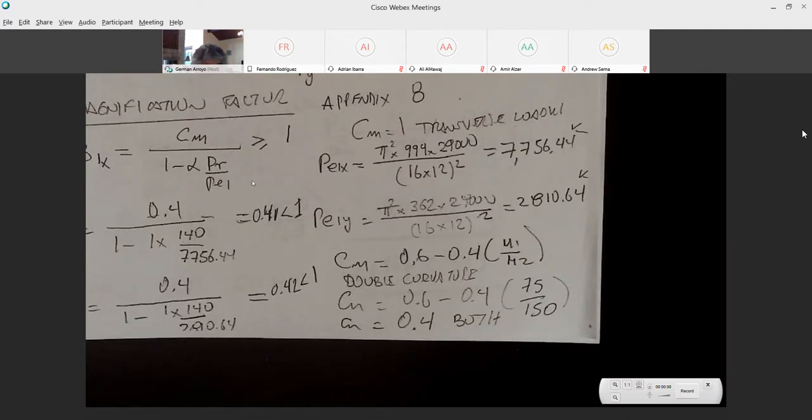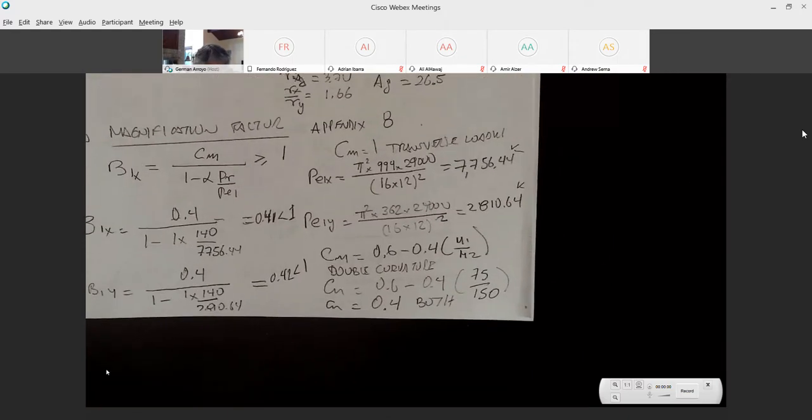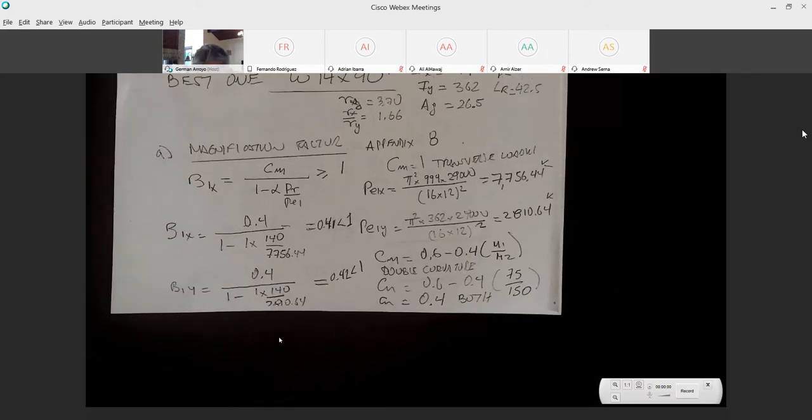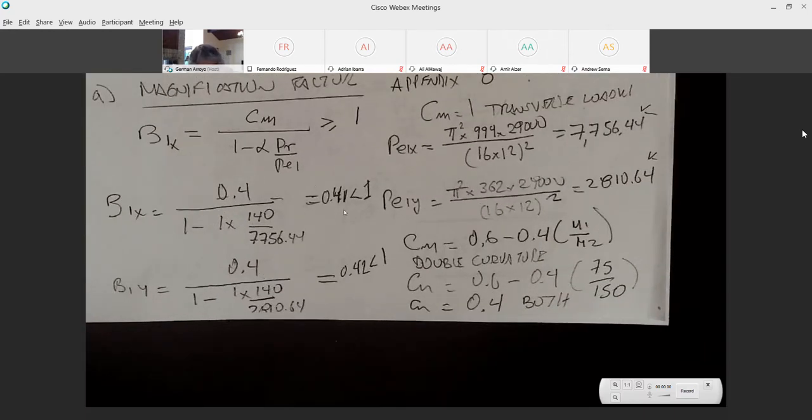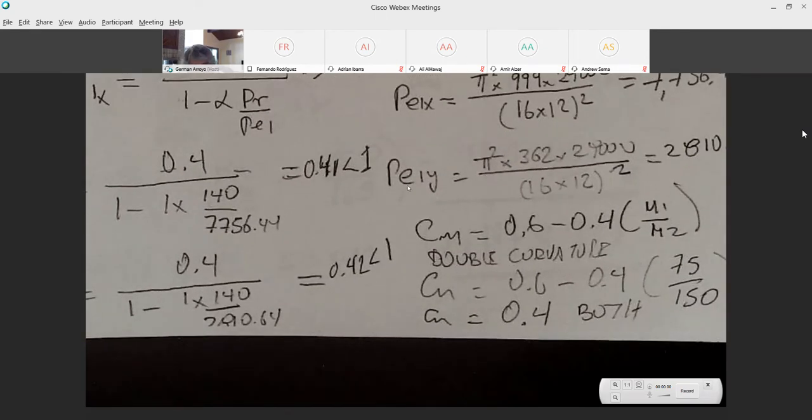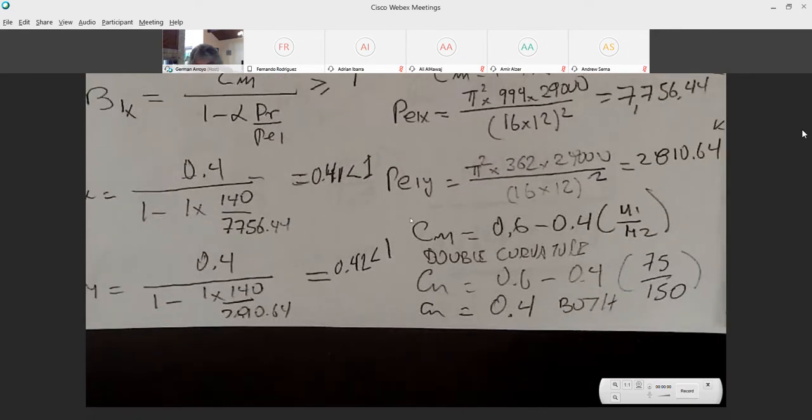So I put it in this formula, and for both of them came 0.41, which is smaller than 1, and 0.42. So the magnification factor in here has to be 1 because it cannot be less than 1. The magnification factor is equal to 1.